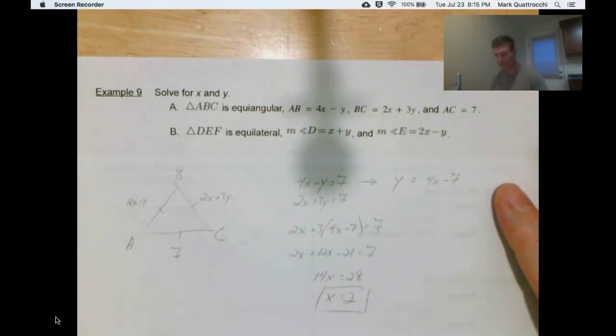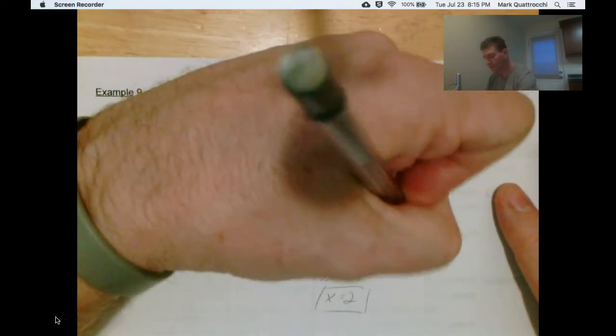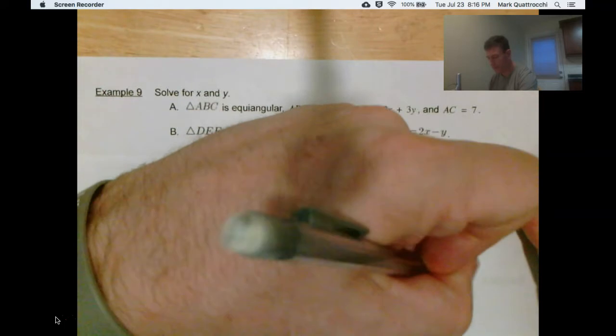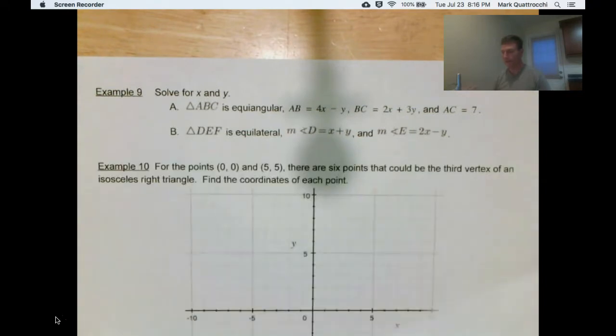It's one of my answers. Take this, plug this back in for x up here. I've already got y solved for. Y equals 8 minus 7. Y equals 1. And there are my two answers for the values of x and y.